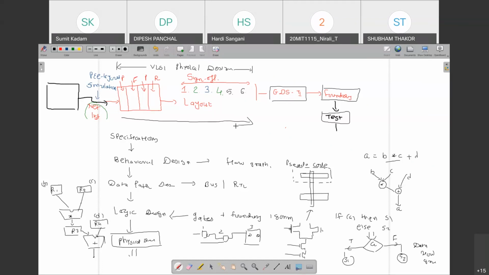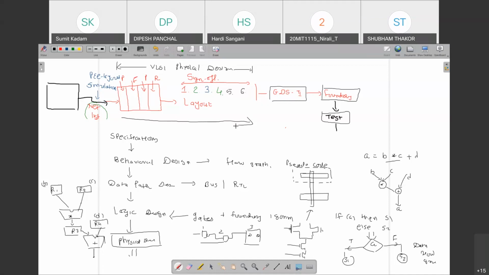If I am saying design the layout for a NOR gate or inverter, it only requires 2 transistors. So in that case, no need to go through partitioning, floor plan, placement, routing. Manually, without software, with pen and paper you can sketch, and then duplicate the same in your software and generate the GDS2.